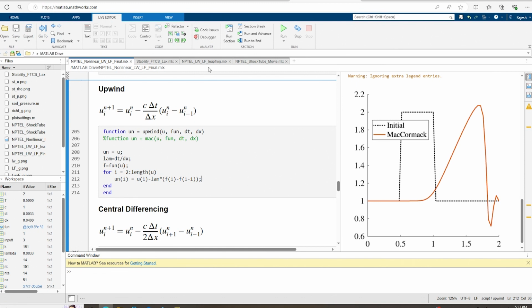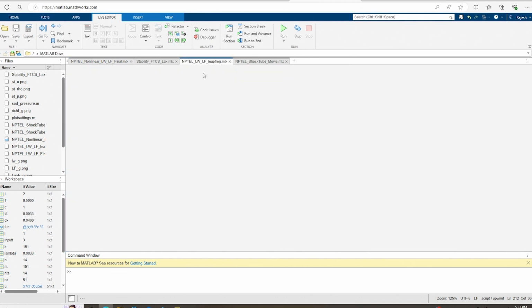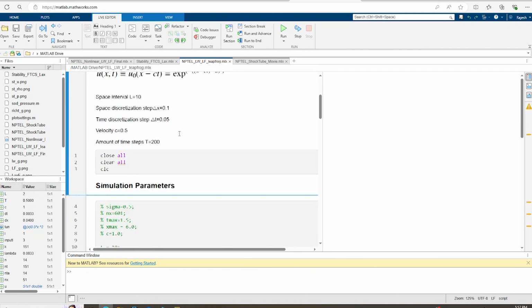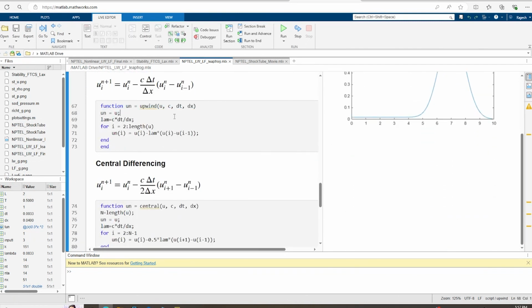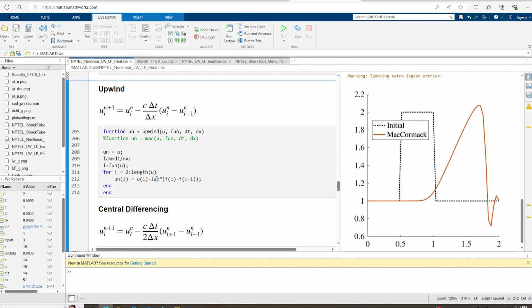I can probably show it to you here. Here this was the code earlier. Lambda equal to c dt by dx, and the very important term is that you multiply lambda into u i minus 1. I am using the same name lambda, but this is nothing but dt by dx.